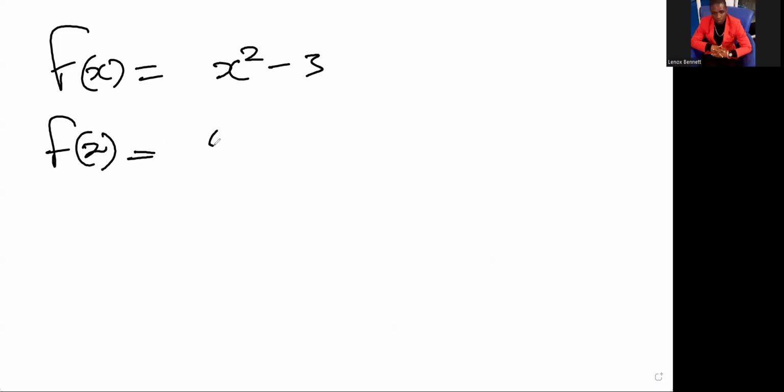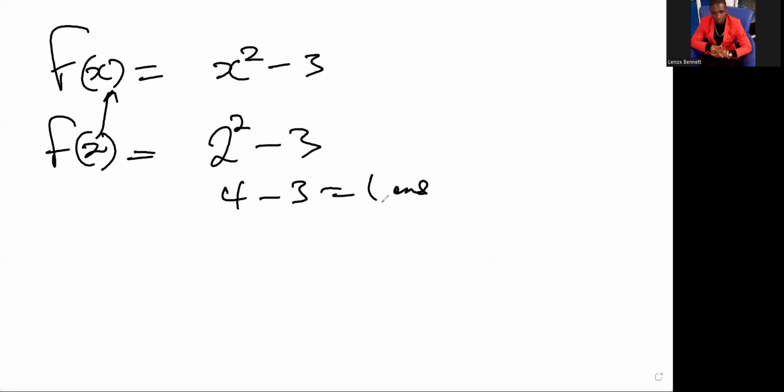Same procedure, right? We replace the x with 2, since 2 is the input. 2 squared is 4, minus 3, which is 1.